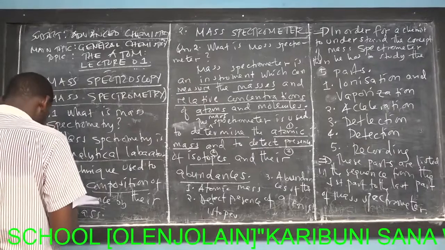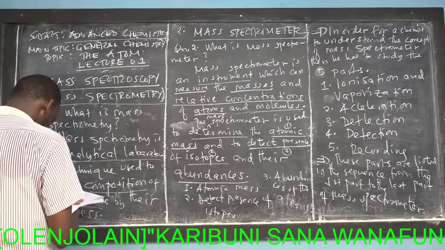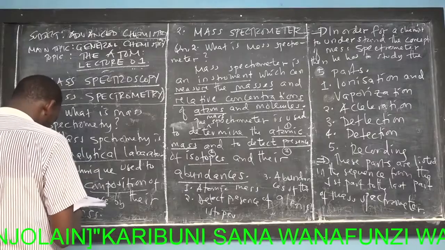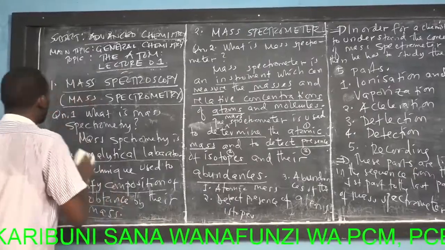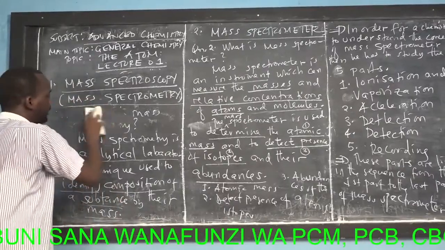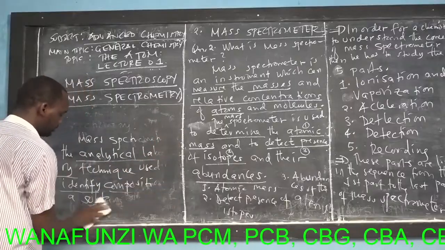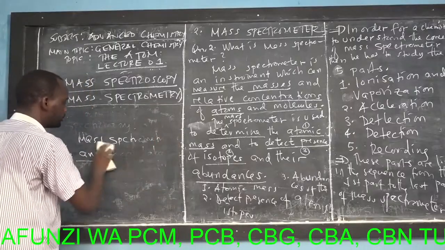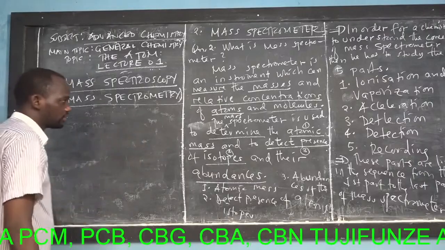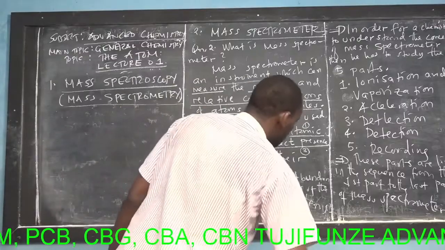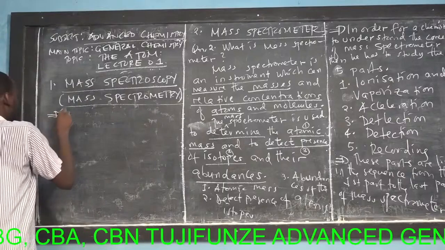So now, for the next part of the mass spectrometer, I want to draw a diagram of the mass spectrometer.